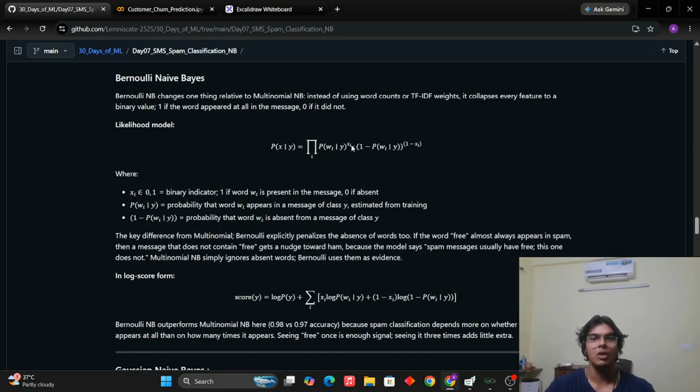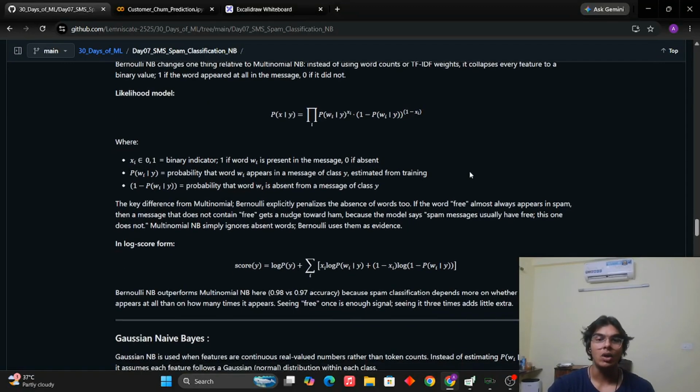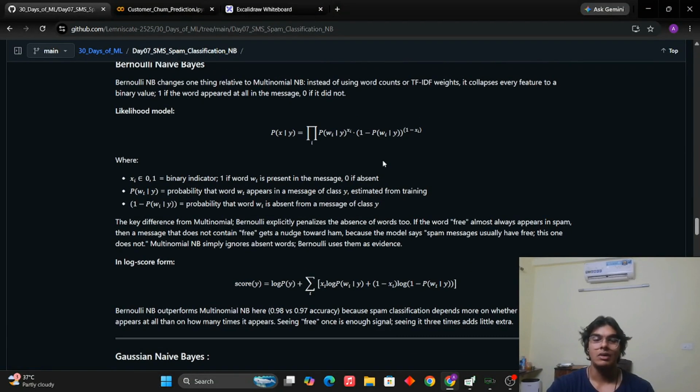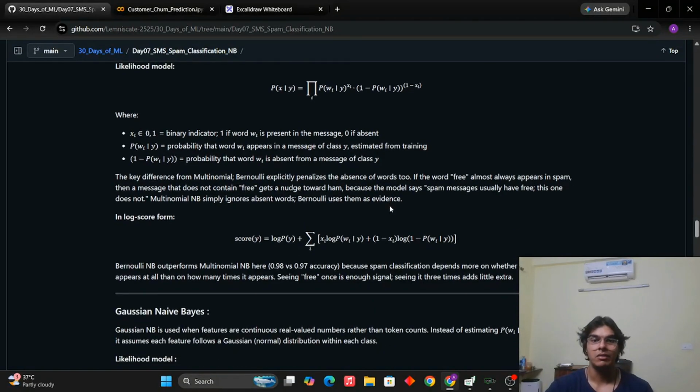If xi becomes zero, this entire term becomes one, and if xi becomes one, then the other term becomes one. So this is very clean and intuitive. Either the word becomes absent or it becomes present. There is no middle ground there. That is the only disadvantage of Bernoulli naive Bayes.